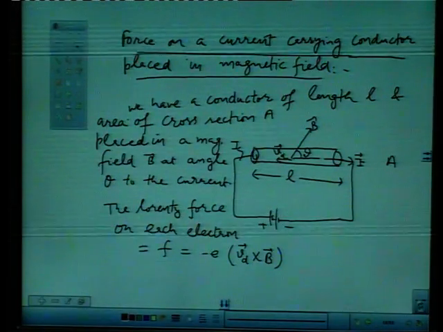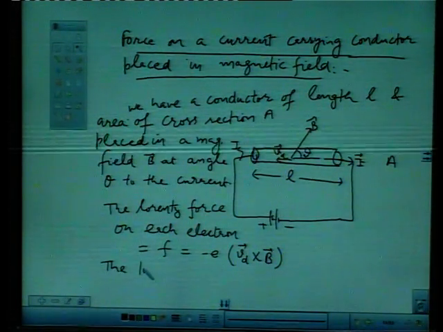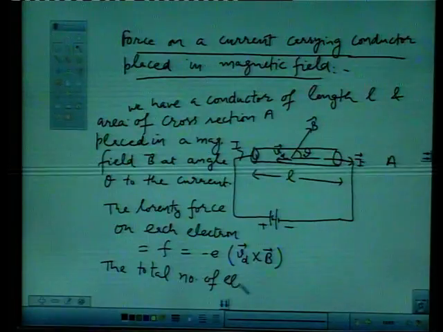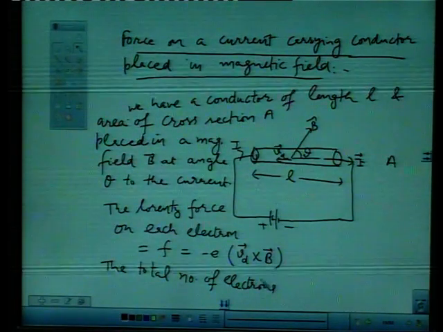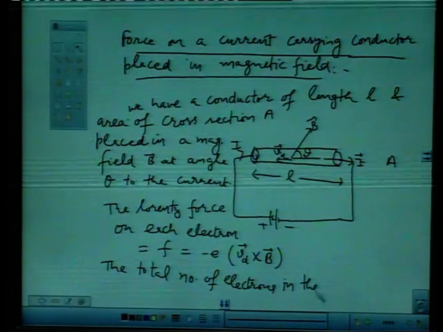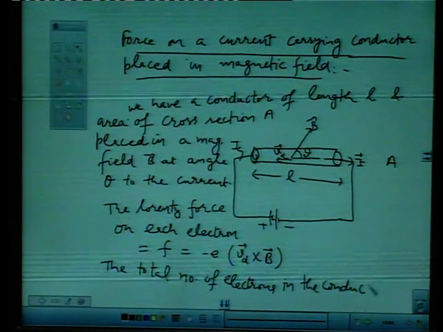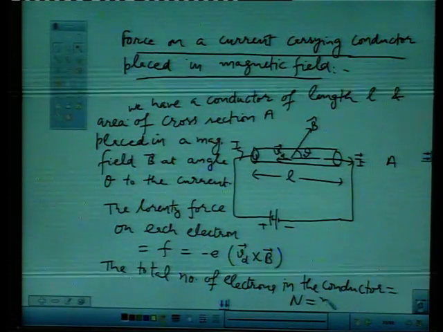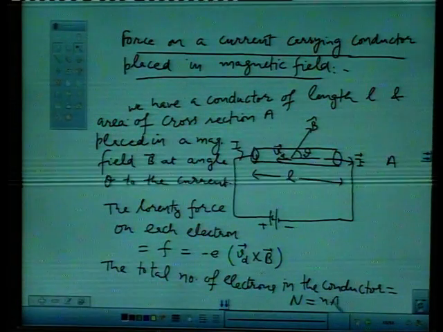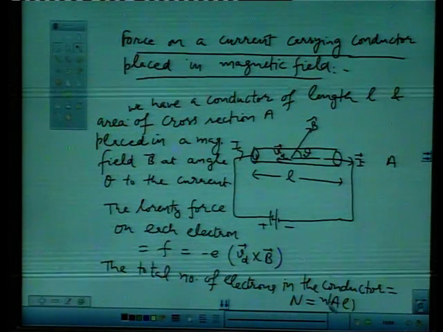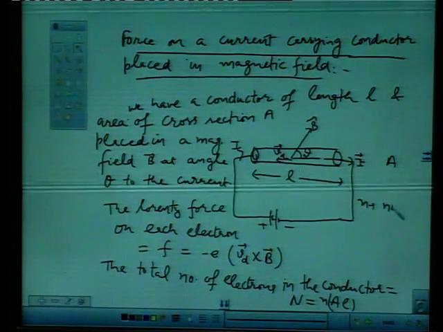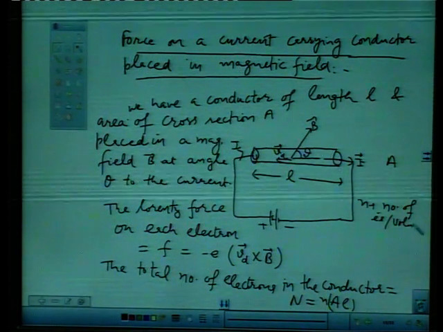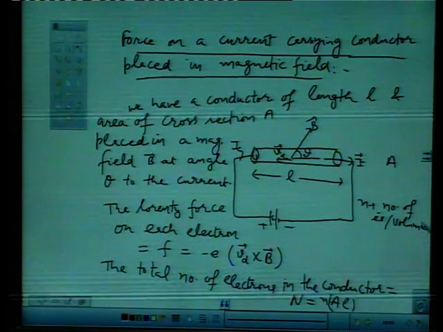Now the total number of electrons in the conductor is equal to N. This is equal to n A L. Small n is the number of electrons per unit volume, the number density of electrons.